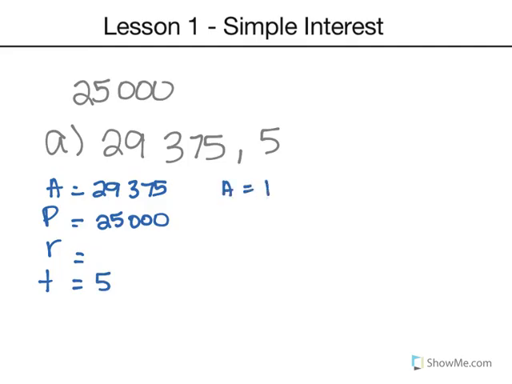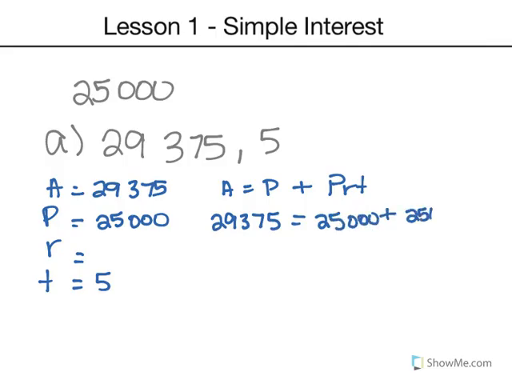So A is equal to P plus PRT. 29,375 is equal to 25,000 plus 25,000 times R times 5. We're going to subtract 25,000 from both sides.